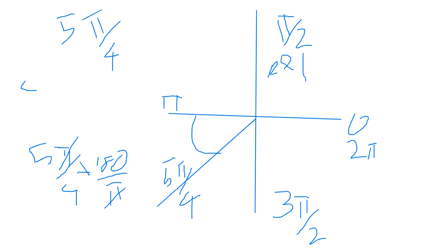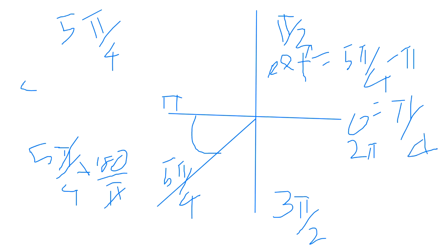So your reference angle will simply be 5 pi over 4 minus pi, which gives us pi over 4. Once you have found a reference angle, it will be easy to find the trig ratio of any angle that is pi over 4.